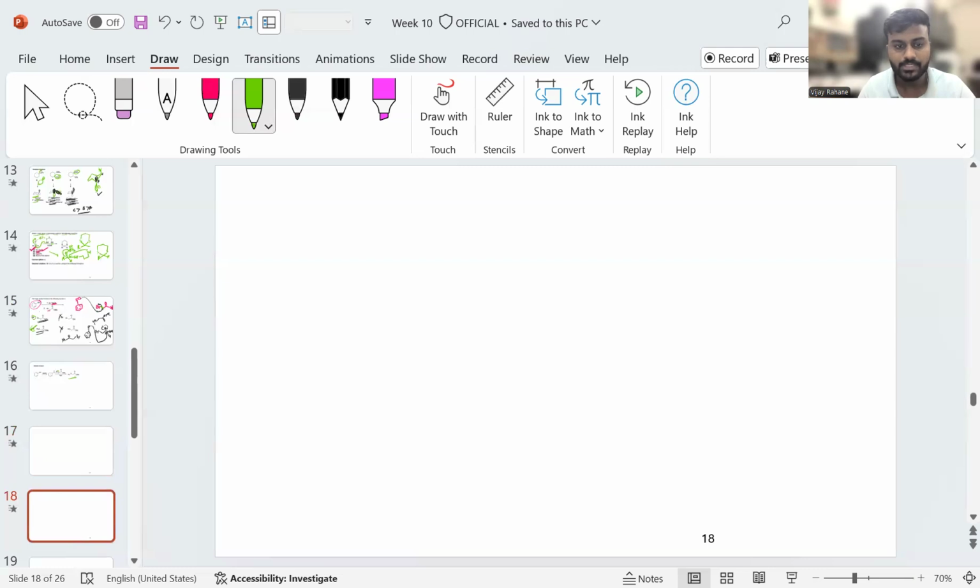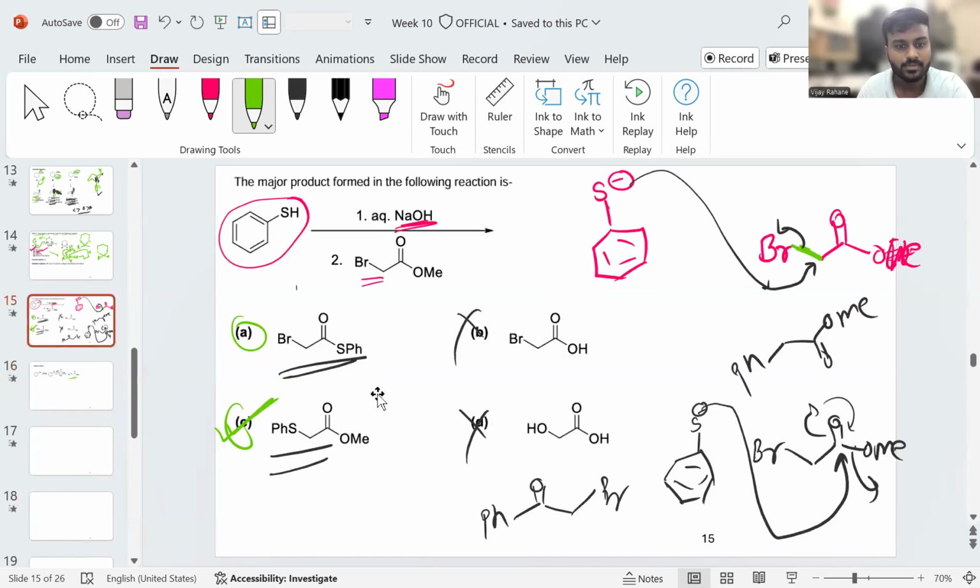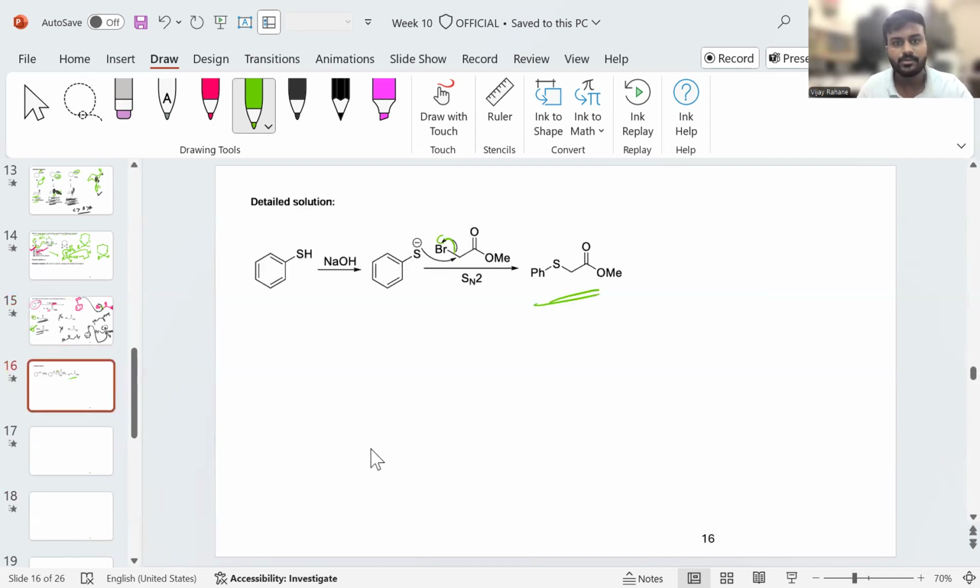So this is a question for you: why not this S negative attack on the carbonyl? I hope you will find some answer for this one.